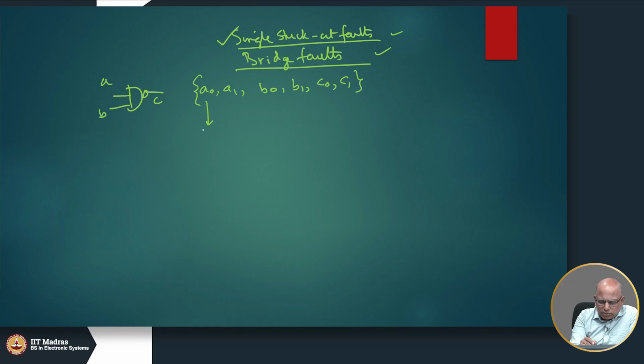So 1 1 is a test vector. Okay, so you can verify. If I apply 1 1, a good circuit will produce a 0, but a faulty circuit will produce a 1.